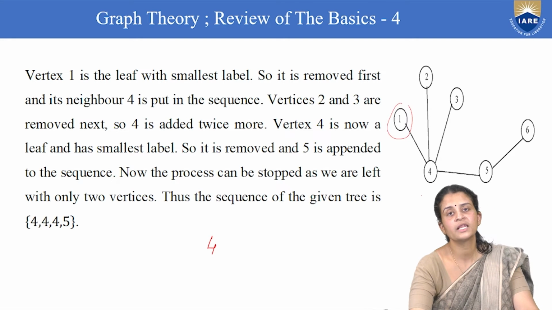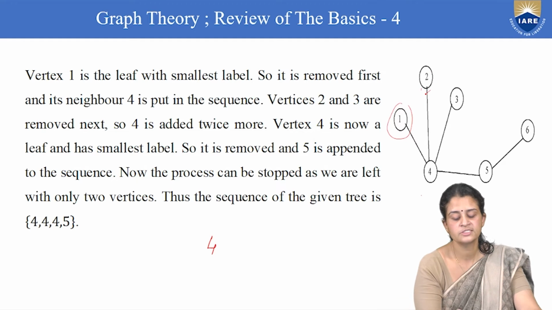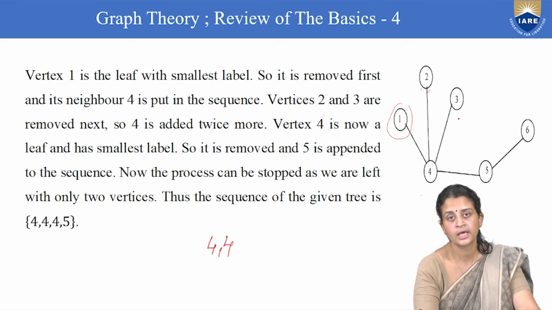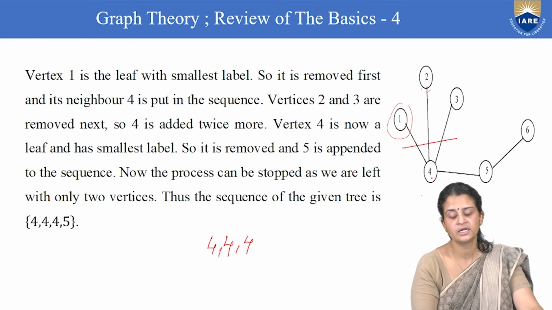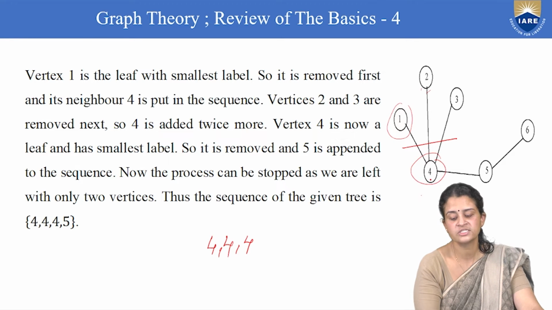Then the lowest leaf label is vertex 2. When we remove 2, its neighbor is again 4. And then comes 3, again 4. So all these are removed, and what remains is a tree with 4, 5, 6. Now which vertex can we remove? This 4. When we remove 4, its neighbor is 5.